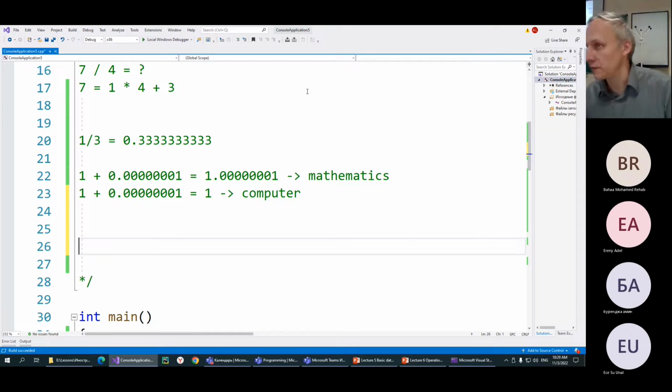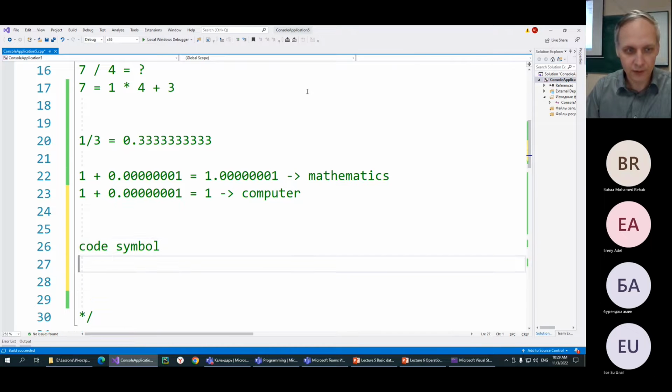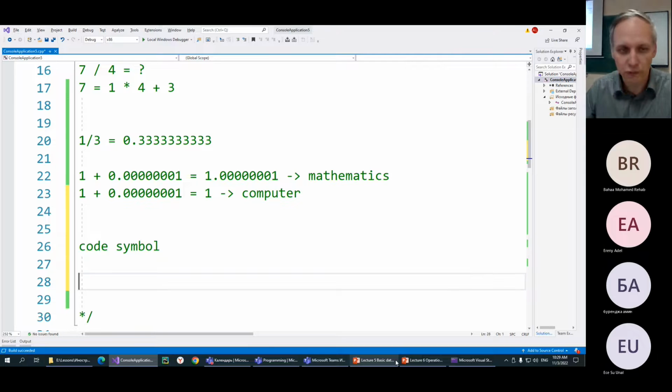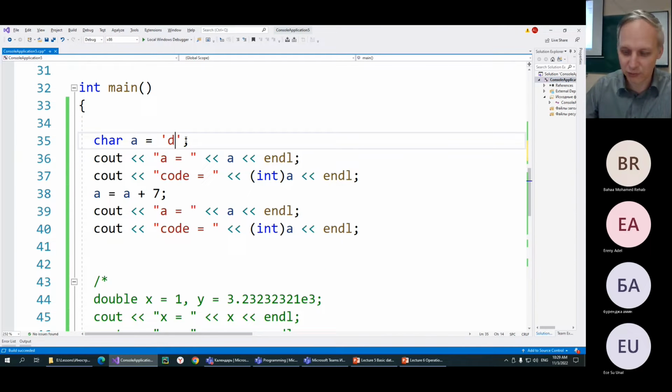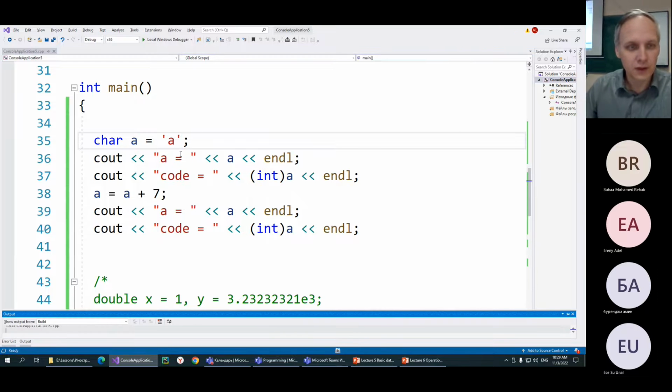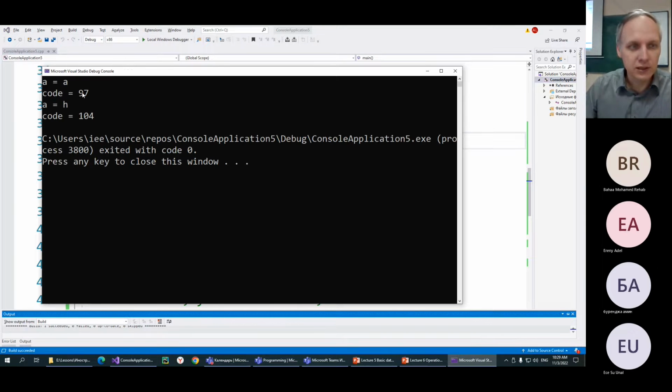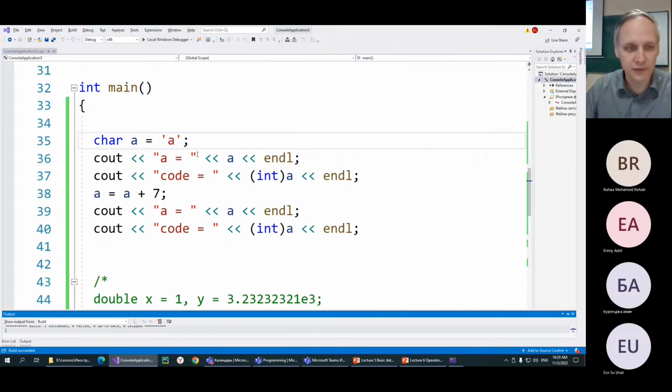So again, when we discuss the representation of the symbols in a computer, you can imagine that all the symbols are written in the form of a table of code and symbol. What is the code of A? Of course, I don't remember, but it's very simple to find. The code of A is 97.